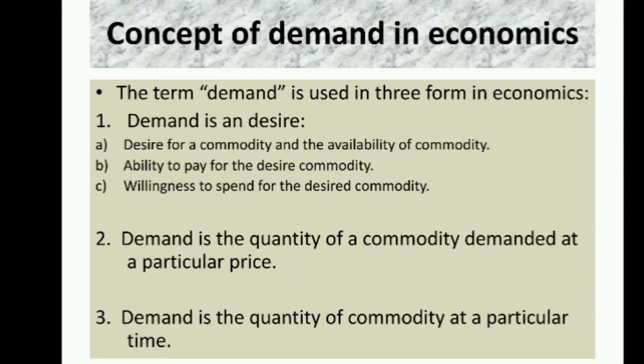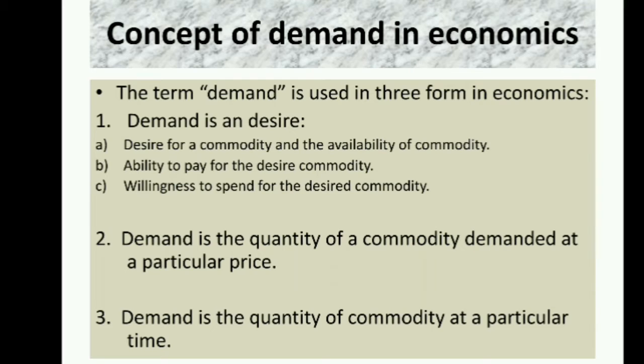Every demand will be an effective desire when there is desire for a commodity, availability of the desired commodity, ability to pay for the desired commodity, and willingness to spend for the desired commodity. Then we can say that demand is an effective desire.